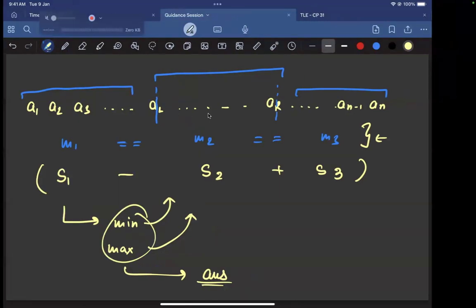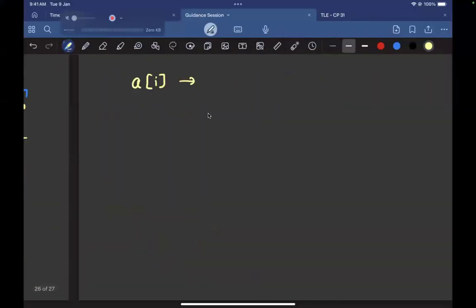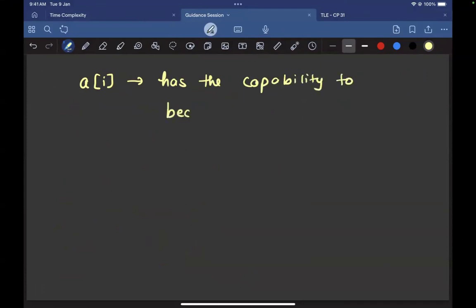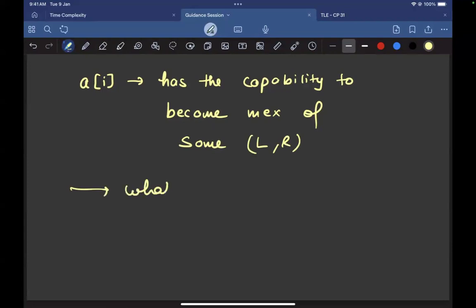Now tell me, guys, if this AI value that you randomly pick up has the potential capability to become an m, if this AI value has the capability to become max of some L, R, then what has to be true for this AI value?